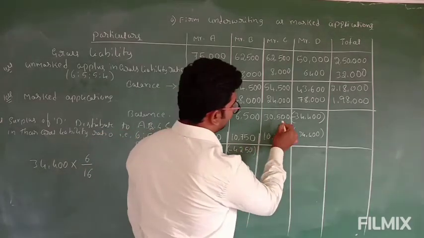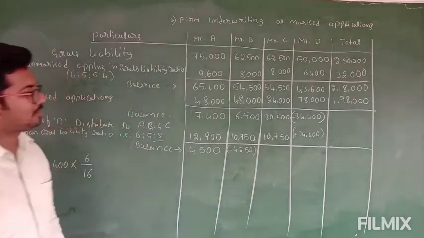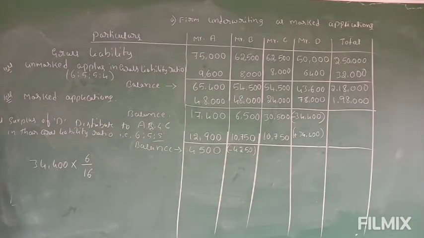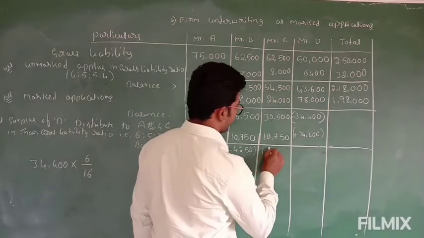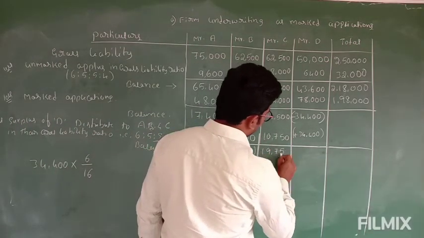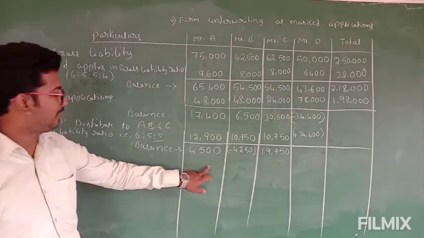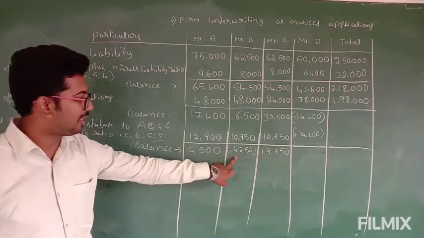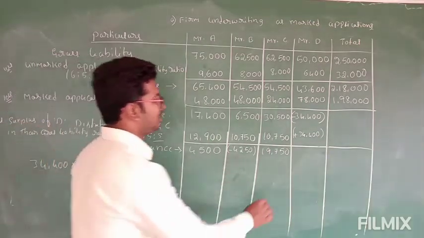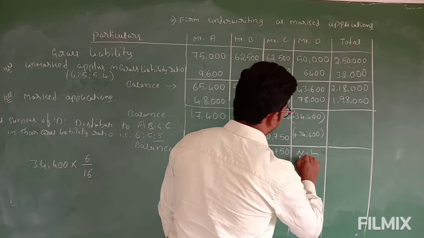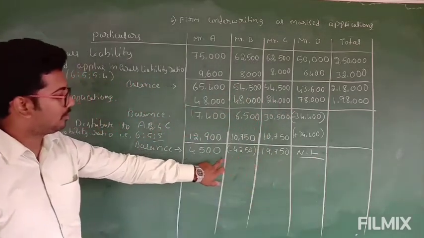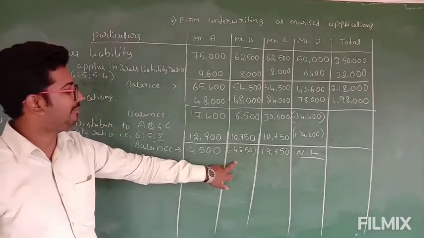And here 30,500 minus 10,750 will get 19,750. So when you find out the balance, observe the negative. So here it will become nil. Close happens.